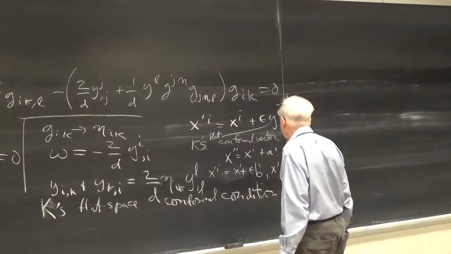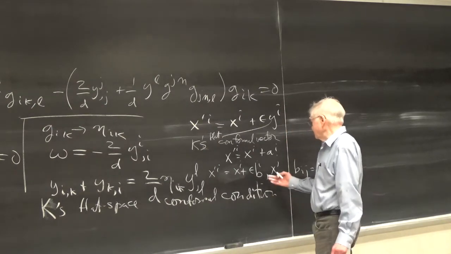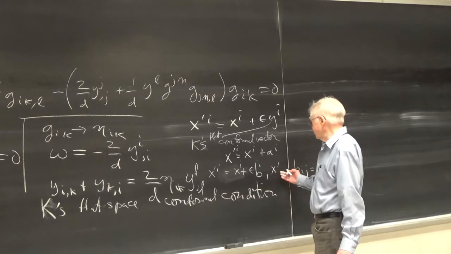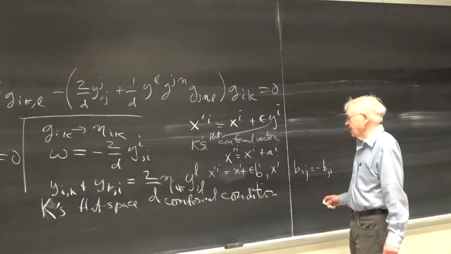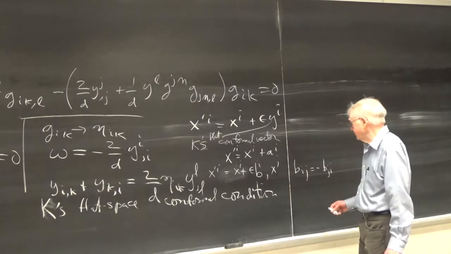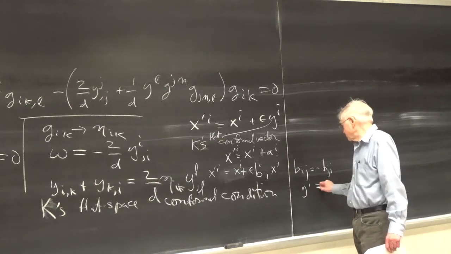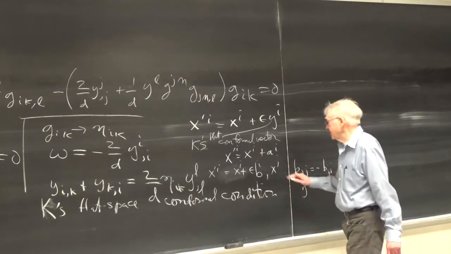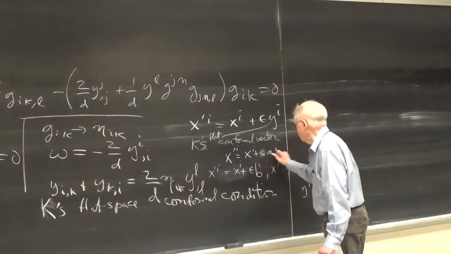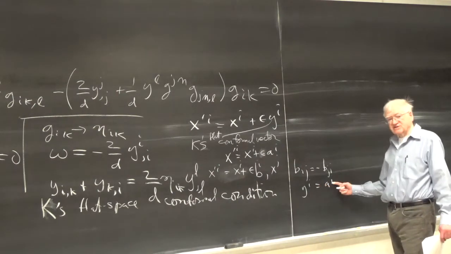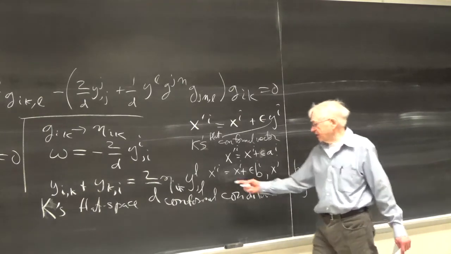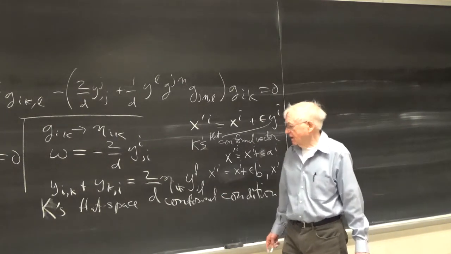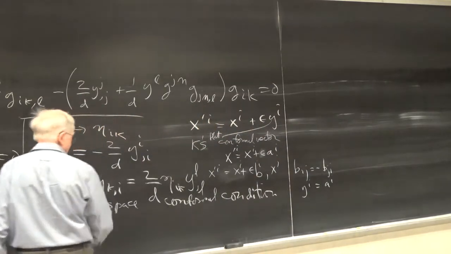And in particular, for the translation, Y,I is just a I. So maybe I should write plus epsilon a I. So for translations, Y,I is a I, and consequently Y,L comma L is 0, and the left-hand side is also 0.